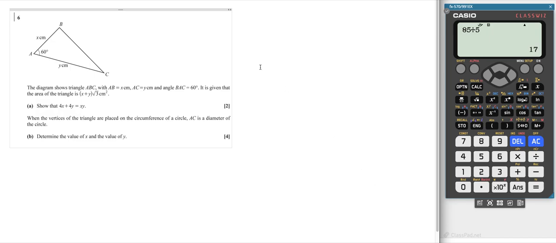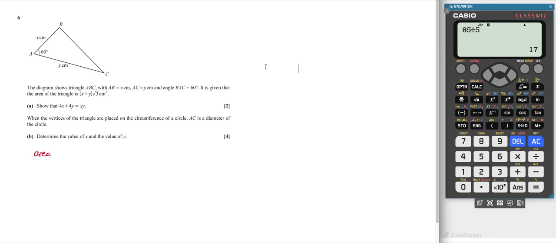Question 6. Right, the diagram shows a triangle ABC with AB equals x, AC is y, and BAC is 60. We've got to show that, and we're only told information about the area of a triangle and those markings on there. So, if that's the case, we're given no other guidance. Let's start with the area of a triangle formula.